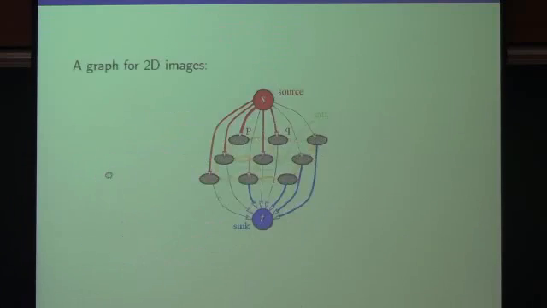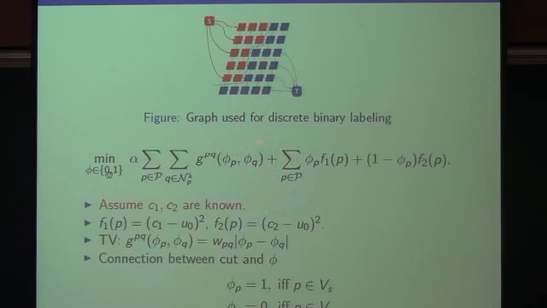So here I'm using another way. Here is my pixel, my two-dimensional image. You have 5 pixels, you have 5 pixels, you add the source, and everyone connects to the source. Here the capacity is intensity minus C1 squared. The capacity for each pixel here is intensity minus C2 squared. If you do a cut, assuming this is a cut, that means you cut the edge on this side.